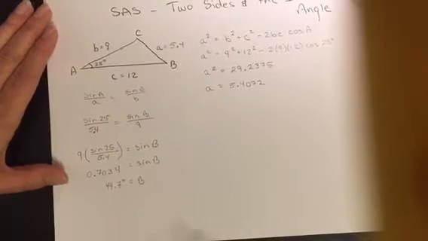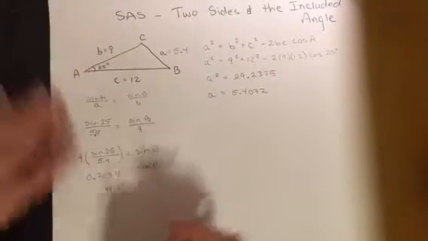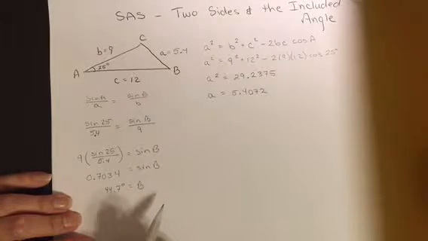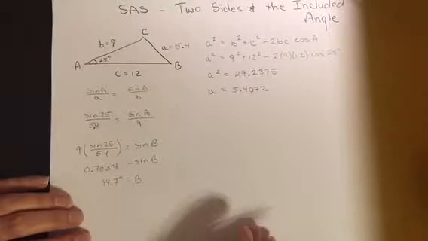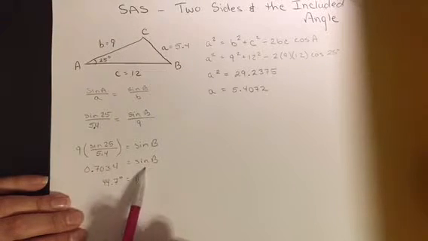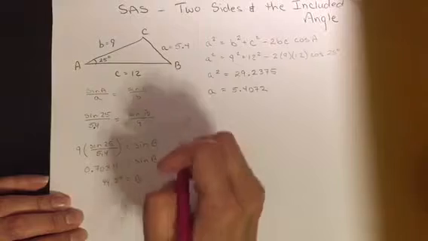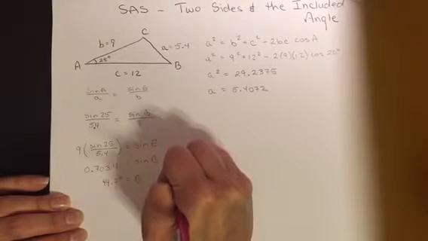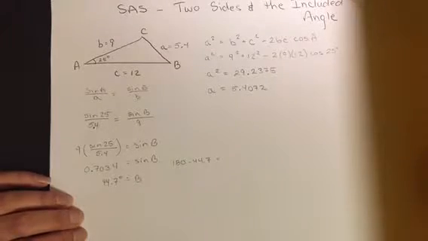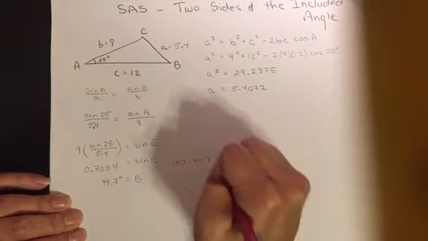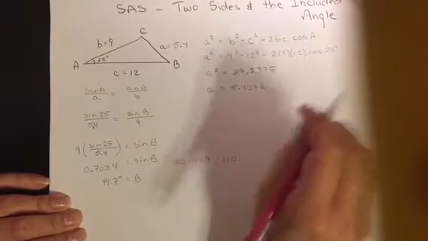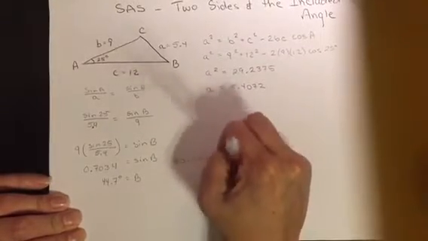All right, now we have an acute angle, and I need to double check and see if there are actually 2 angles under 180 degrees that have the same sine. So I'm going to take 180 minus 44.7, and that's going to give me 135.3.